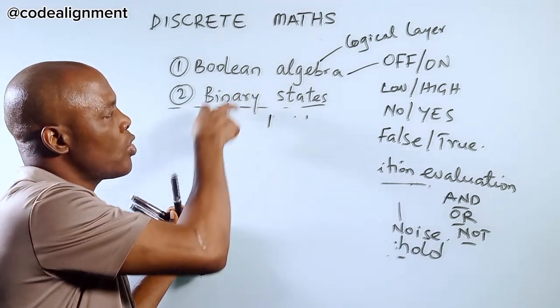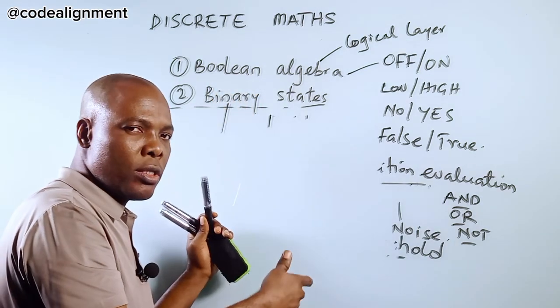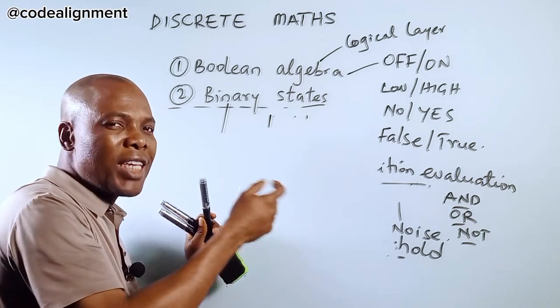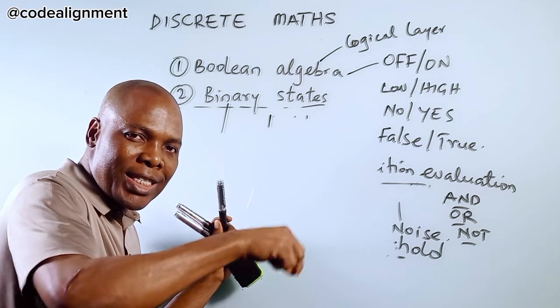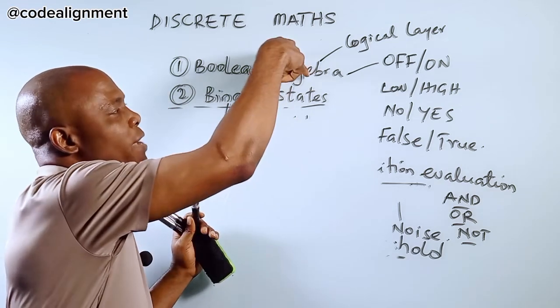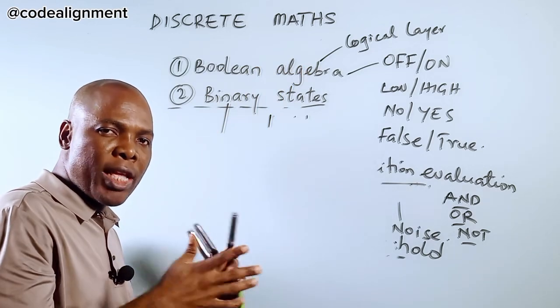So binary state becomes an input to Boolean algebra, meaning the electricity flow, the voltage, has to be converted to a certainty state, which is 0 and 1, before it is fed into Boolean algebra, in which a decision has to be taken.